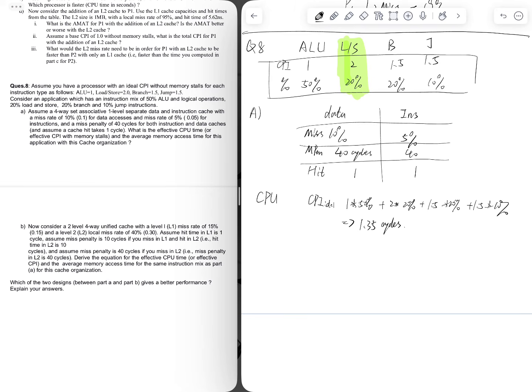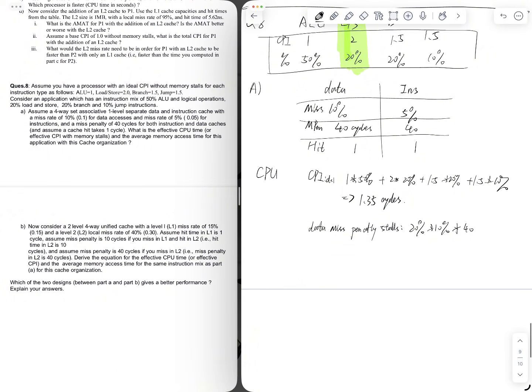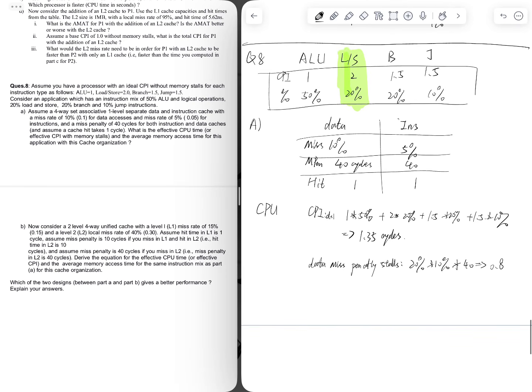So the stalls for the data miss penalty should go with 20% of the instructions and 10% of the miss, with 40 cycles to go to main memory, and this will give us 0.8 cycles. And how about the instructions?